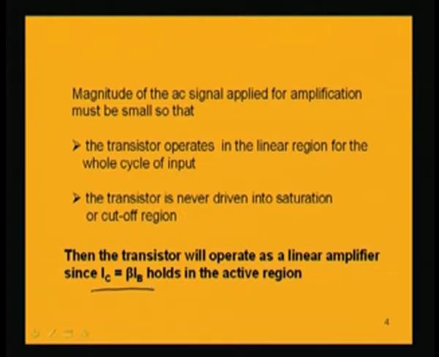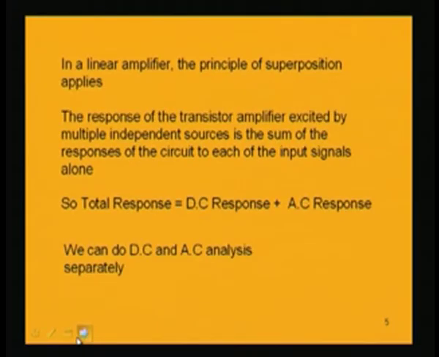What will be the output, and other relevant parameters we will find out by considering the AC analysis. Now, in a transistor amplifier, because of the presence of both DC and AC, we are separating the DC and AC analysis, and we are now concentrating on AC analysis.